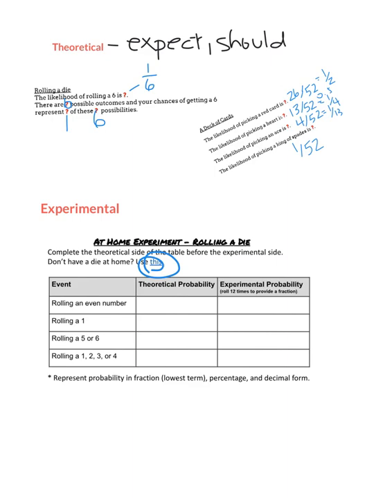So I would calculate your theoretical probability for each of those, and then you're going to conduct experimental probability. Experimental probability is what actually happens when we conduct an experiment. We know theoretical probability is what we expect to happen or what should happen, but experimental probability is what actually occurs when we conduct an experiment.